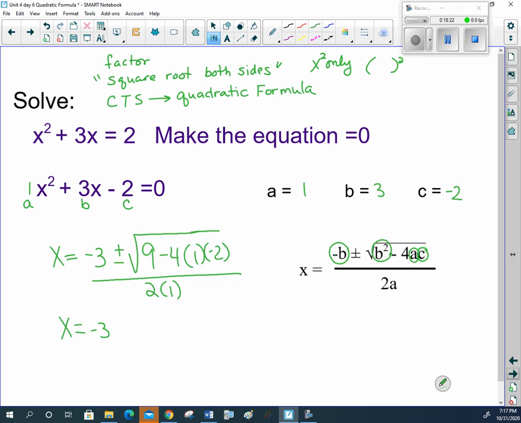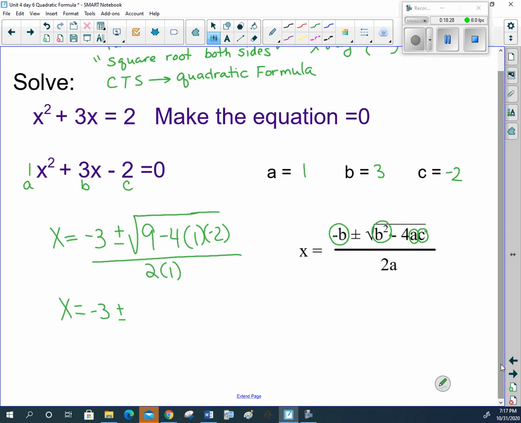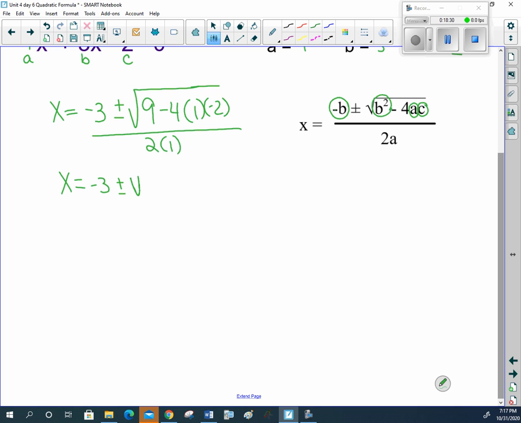Now, when you use this on your calculator, guys, different calculators do different things. So how I want you to do this is I don't want you to type in the radical symbol when you're working on your calculator. I just want you to figure out what this number is right here without the square root symbol. I should know what that number is before you type in a square root symbol.